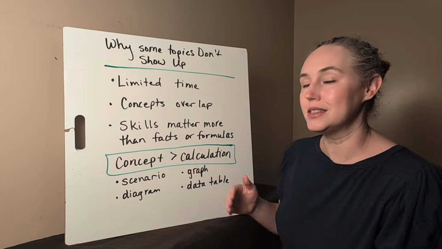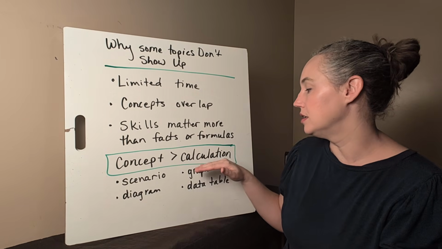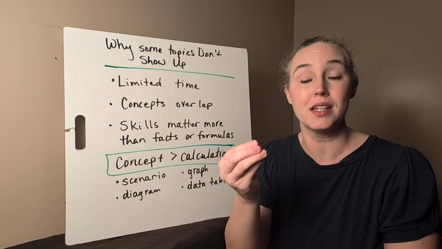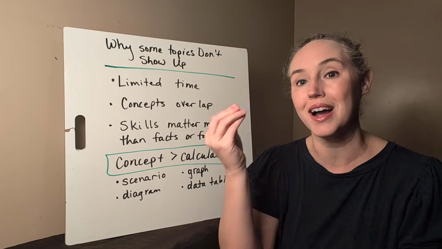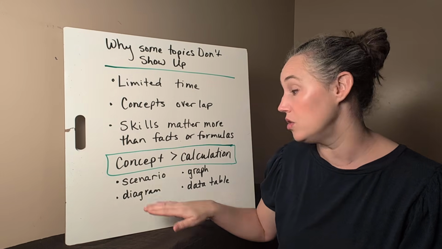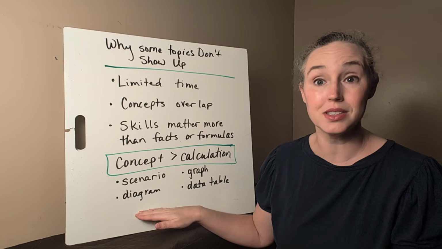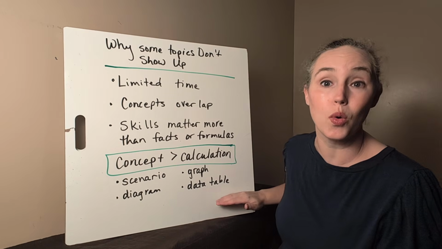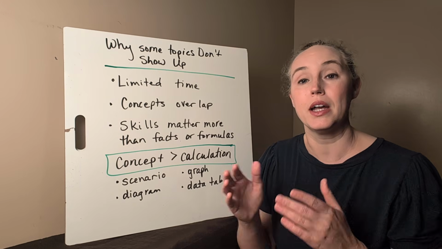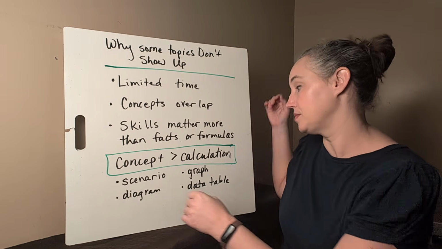So for instance, in my example of water potential, they didn't do it in a calculation, but they are going to test your understanding of the concept of water potential, perhaps through a scenario, a diagram or series of diagrams, a graph or a data table. And you're going to have to analyze these and compare and get your final answer.